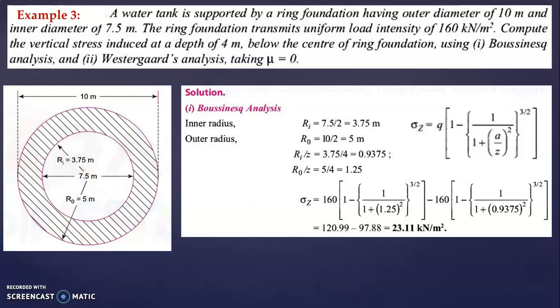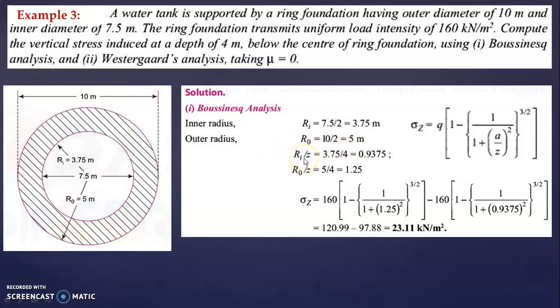So first you have to calculate what is Ri, inner radius, and outer radius. What is inner radius? Inner radius is 7.5 divided by 2, diameter divided by 2, that is equal to 3.75 meter. Outer radius is equal to 10 divided by 2, that is 5 meter.